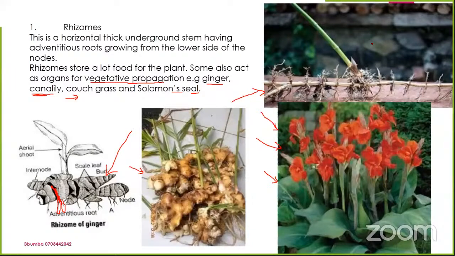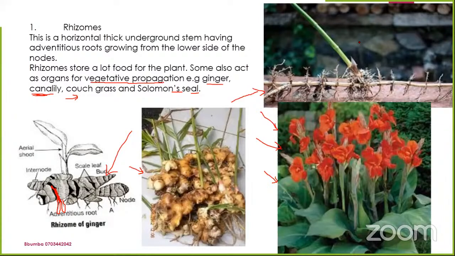The sweet potatoes, are they examples? Yes, they are. No, that is not true. Sweet potatoes don't fall under rhizomes, please. But the sweet potatoes, you said they grow underground, and their stems are down.